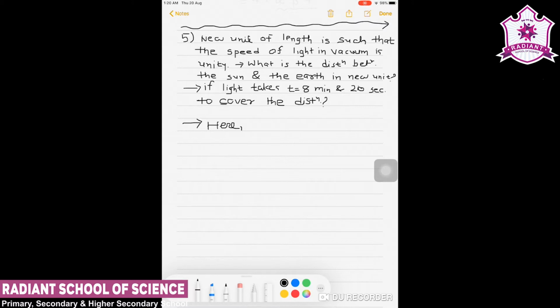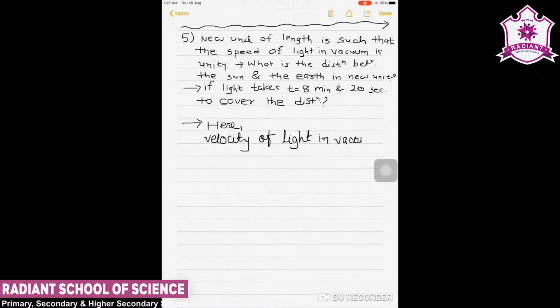So here we can simply say that the velocity of light in vacuum is generally represented as c. So here the velocity of light in vacuum, we will write what this is, is equal to c.